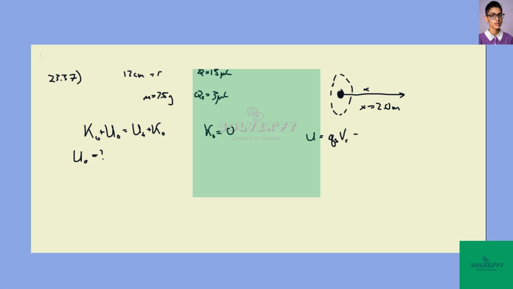So we take the charge of the sphere times the potential of the ring. So this becomes Q sphere times the voltage of the ring, which we know is given by dq over 4 pi epsilon naught times the square root of r squared plus x squared.